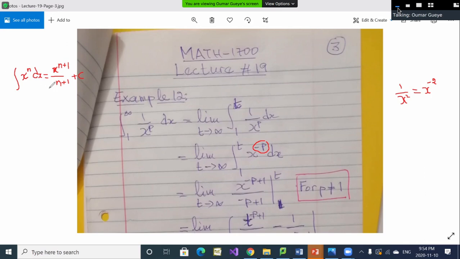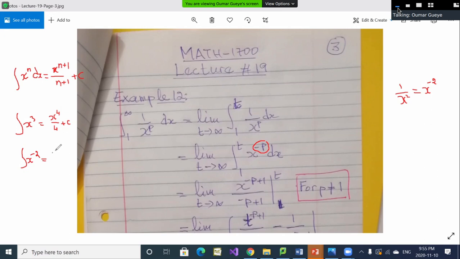I just use this formula. n is equal to minus p. When you integrate the integral of x to the power 3, you know this is equal to x to the power 4 over 4, by using this power rule, n equal to 3. Same if you calculate the integral of x to the power -2, you apply the same formula when n equal to -2.